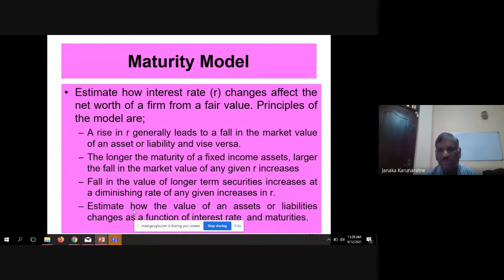It is very important for you all, when we estimate the gap under the repricing model, that the important things are estimating assets which are rate sensitive and liabilities which are rate sensitive. Not everything is; even among interest rate related assets, not all are rate sensitive within a particular period.